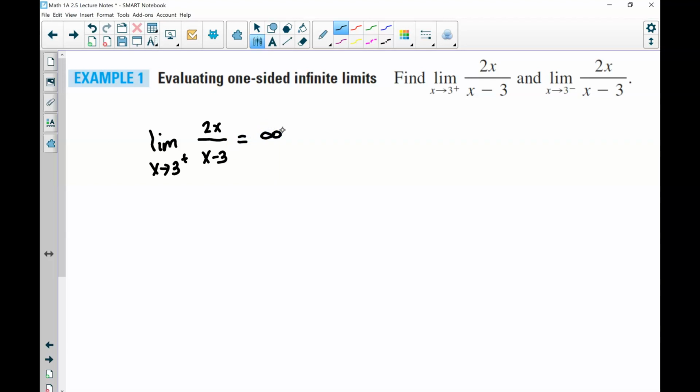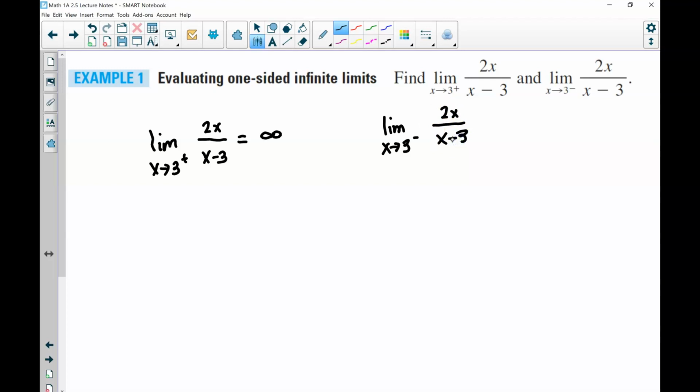And then if we take a look at the next scenario, where we have the limit as x approaches 3 from the left of 2x over x minus 3.